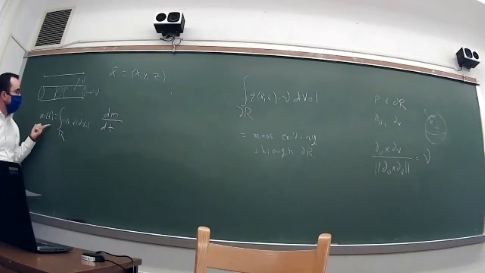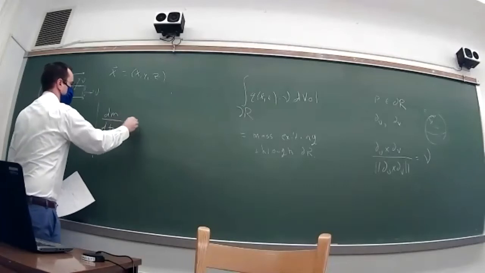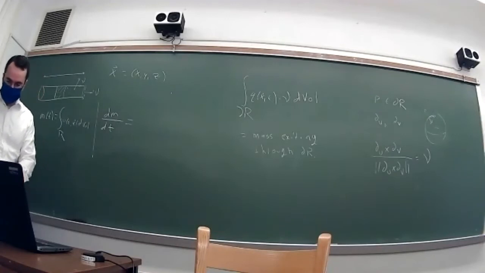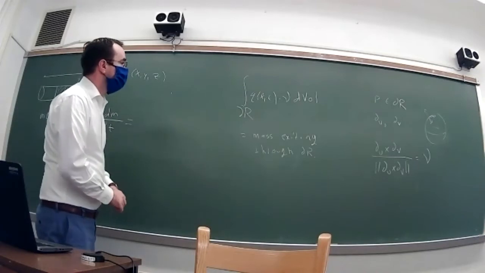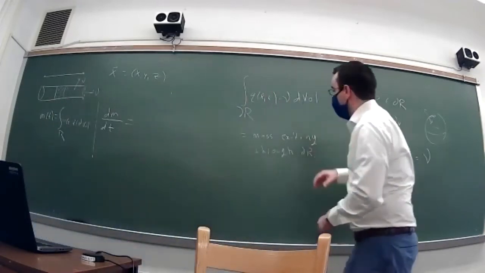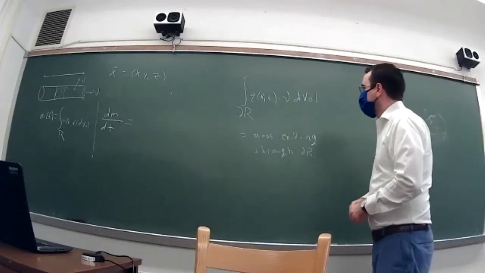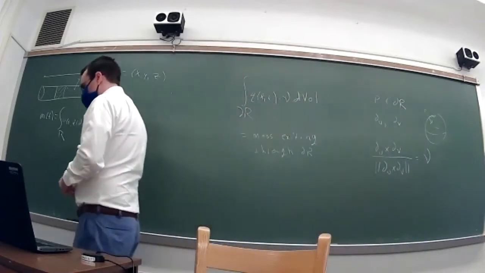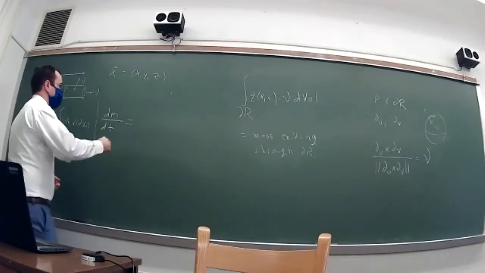And so the rate of change of this, you can calculate in different ways. You could take the derivative inside the integral sign, or you can use this physical conservation law, which relates the change in mass to this physical quantity. If this is the mass that's exiting, then it's going to change the mass.